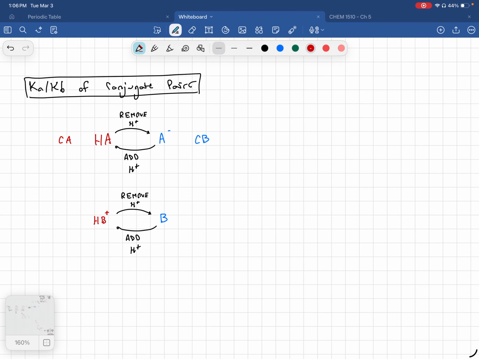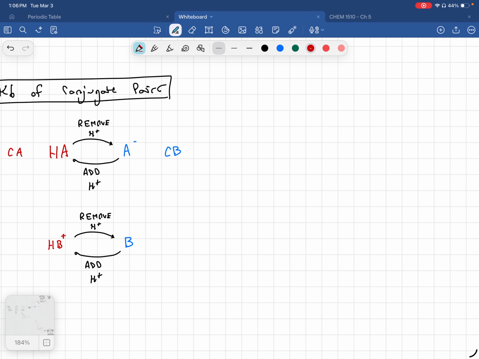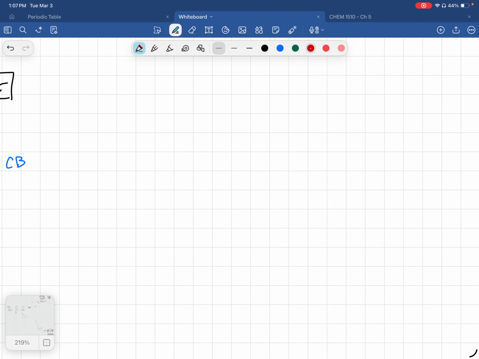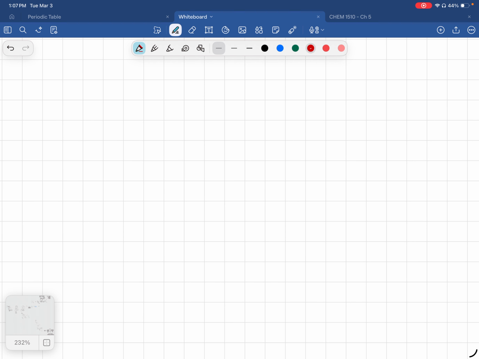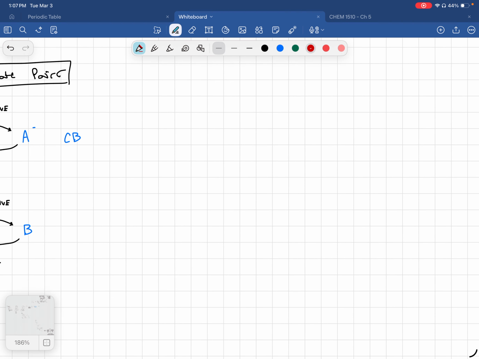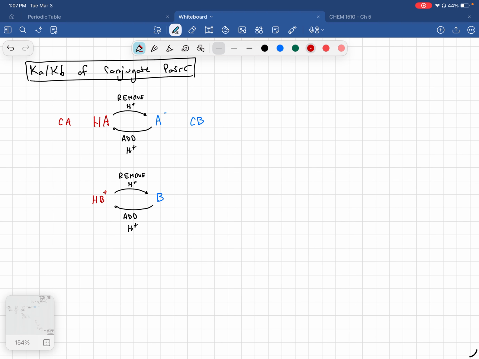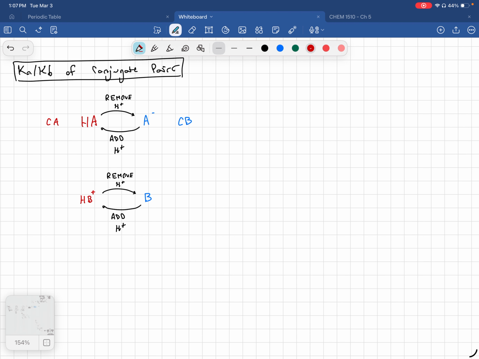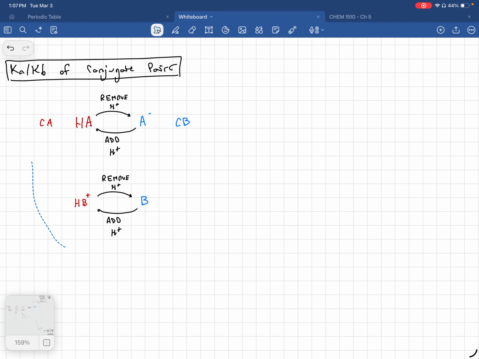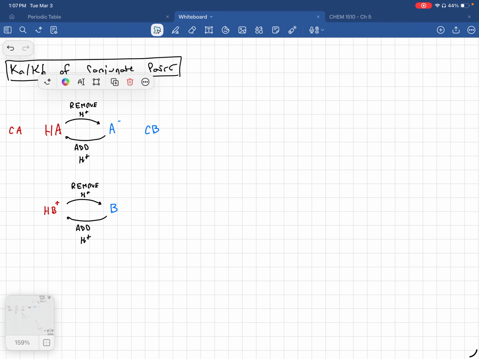One of the things we want to look at next is, well, two things actually. One, let's look at the reaction, the Ka for some acid, and then let's look at the Kb of its conjugate base form.